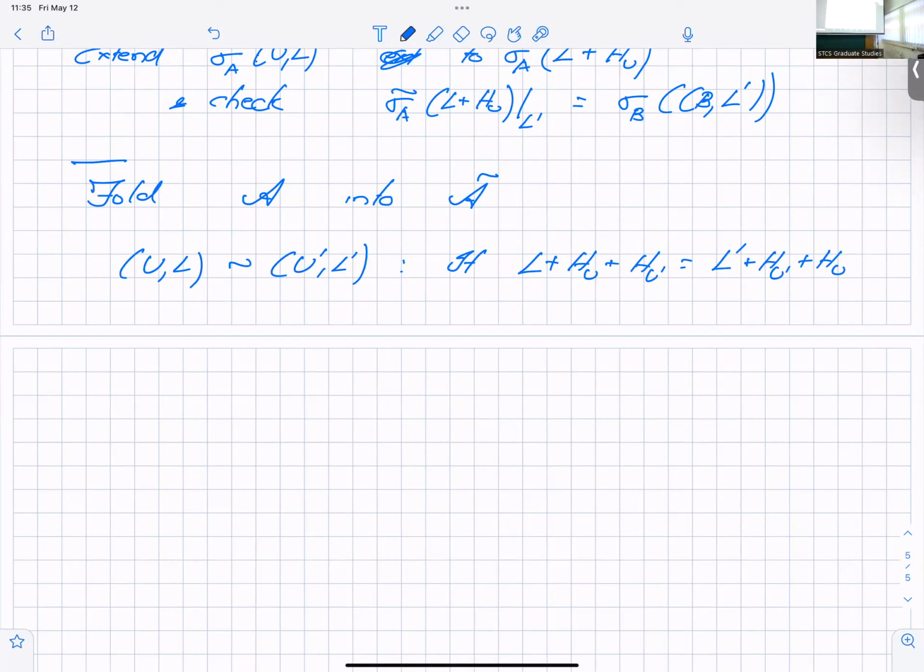If this happens, once I have an assignment to one particular guy, it uniquely says what's the assignment to the other guy. So I need to check that these two are consistent. So basically what I'm going to do is make them a single variable.